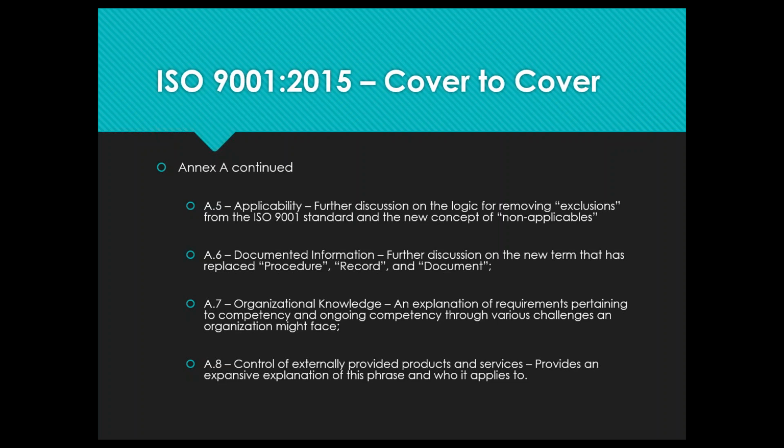In Annex A7, we have some further explanation on the intent of the organizational knowledge requirement and how it's to be approached. And finally, in Annex A8, we have some discussion on externally provided products and services and who that phrase applies to and what the expectations are.